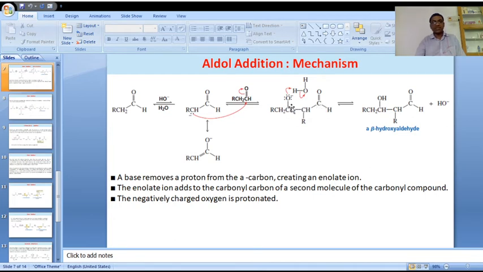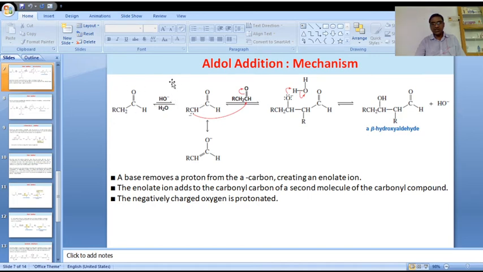From this intermediate, the negatively charged oxygen is protonated with the use of a water molecule. With this water molecule, the OH bond breaks to form the hydroxyl functional group.